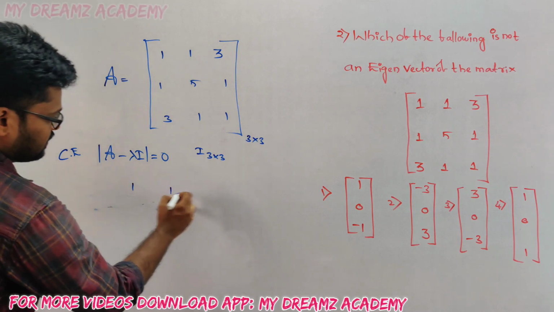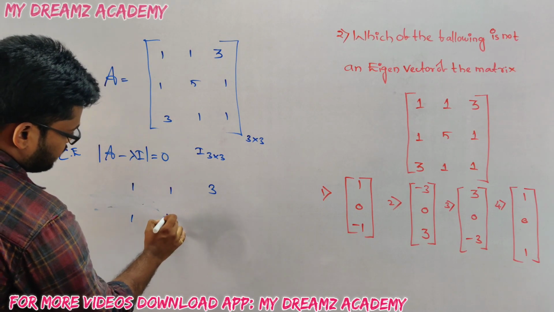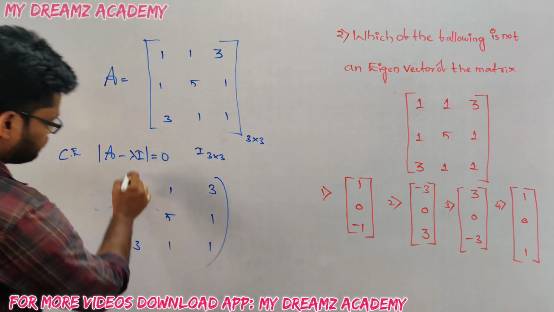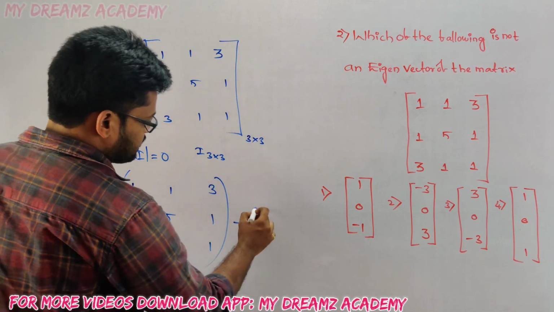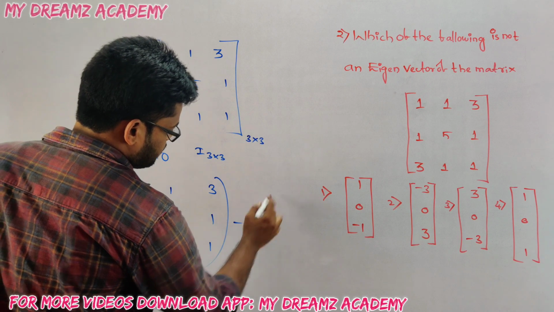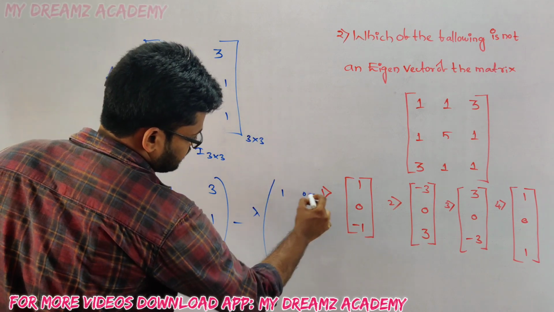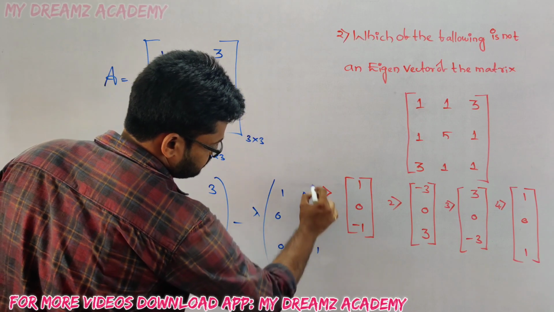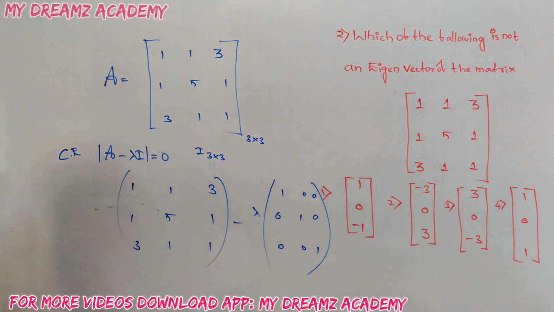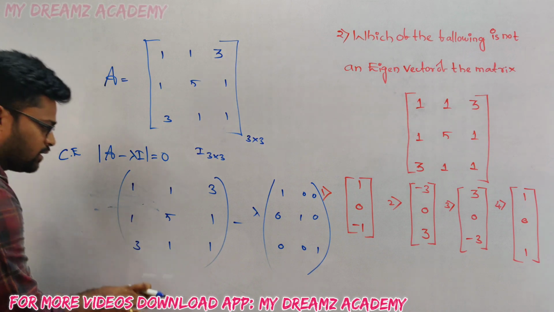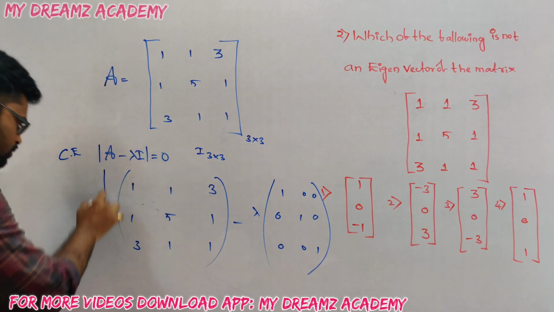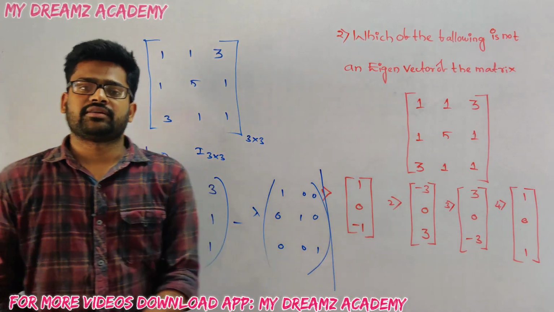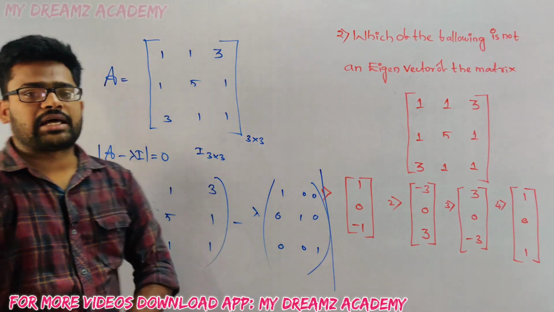Now 1 1 3, 1 5 1, 3 1 1 minus lambda into 1 0 0, 0 1 0, 0 0 1. Okay. Then after we need to do determinant for this one in order to calculate lambda values.